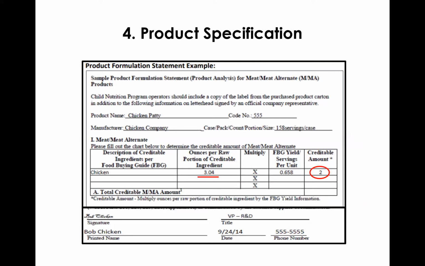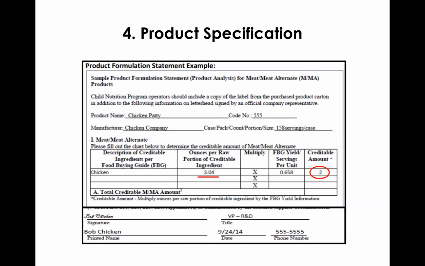We're looking at what is the creditable food component. And in this example, we're seeing that it's the chicken, so the meat alternate. It's telling me that the ounces per raw portion of creditable ingredient is 3.04. And it's telling me also then how it credits.